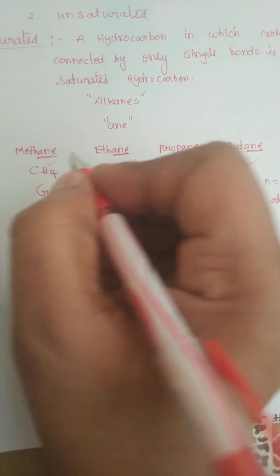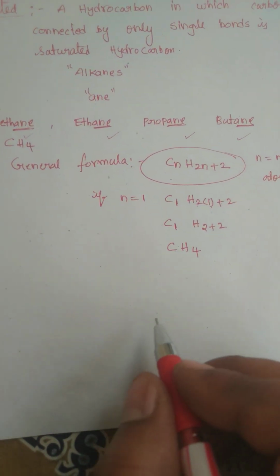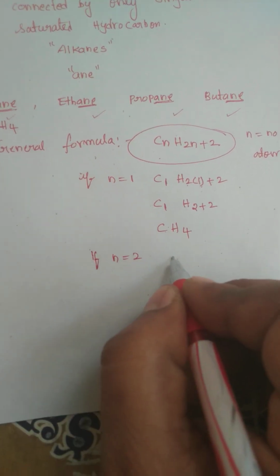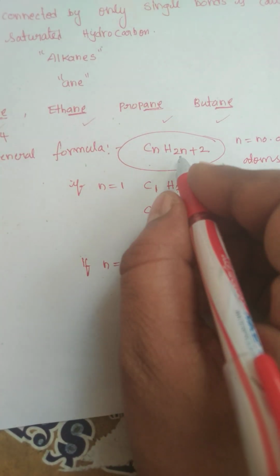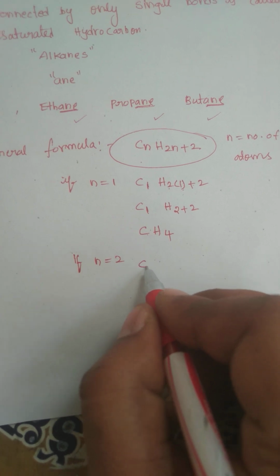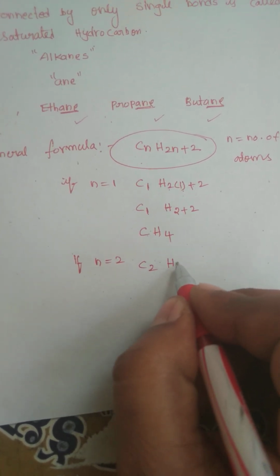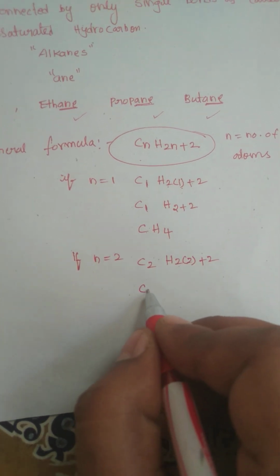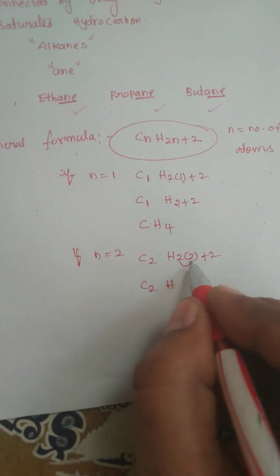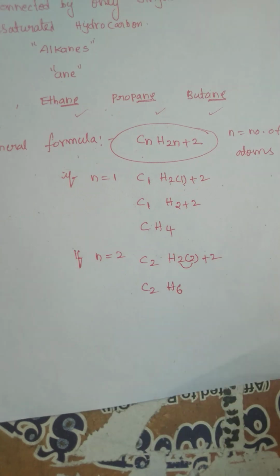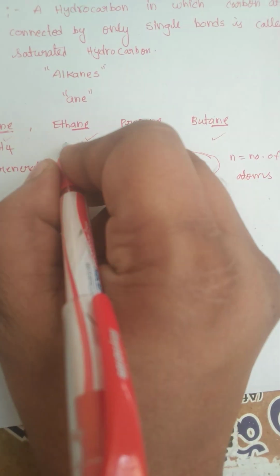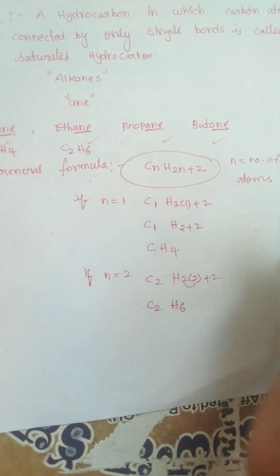CH4, right? Suppose n equals 2, the general formula CnH2n+2 gives C2H(2 into 2 plus 2), C2H(4 plus 2), C2H6. This is the formula of ethane, C2H6.